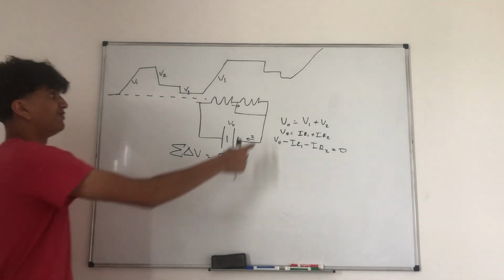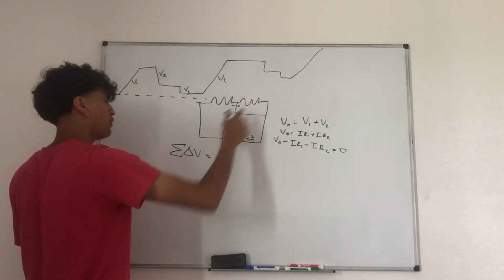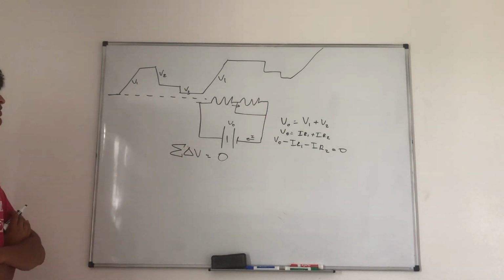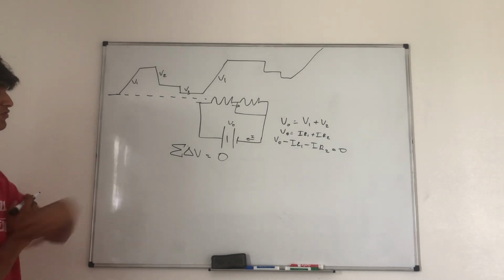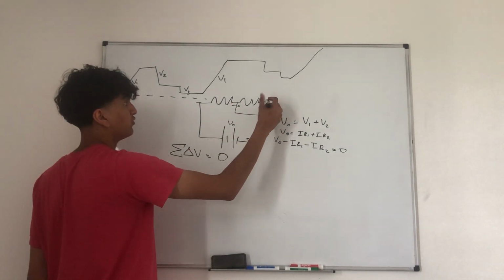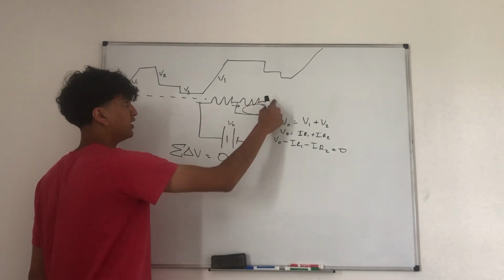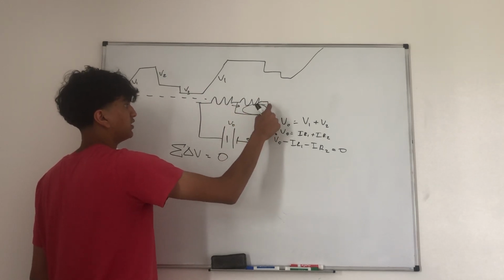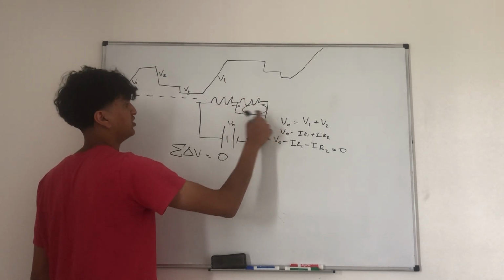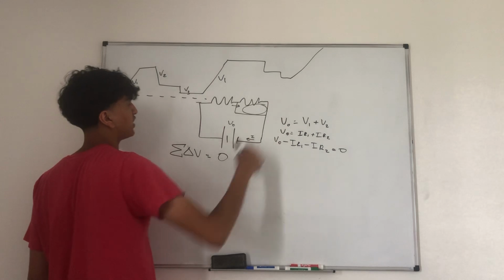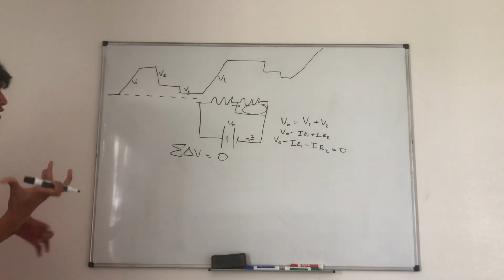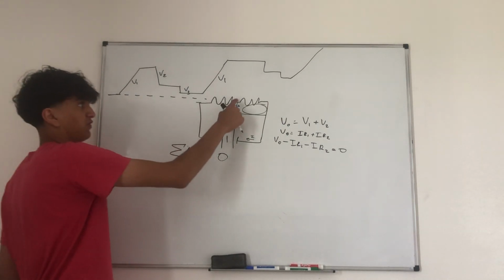Because then you can also make this your loop, right? But then, oh, that's interesting. I don't think any current would even flow through this wire. Because if this was the loop I chose right here, you're going to be gaining energy and then gaining energy, or if you go the other way, losing energy and losing energy. So I don't even know if any current would flow through here.